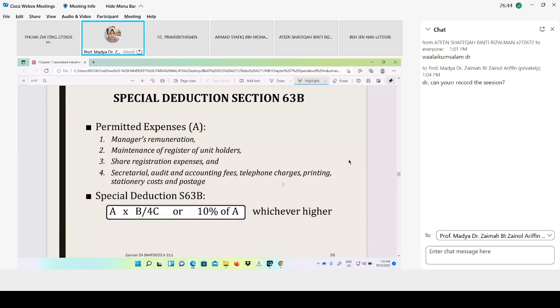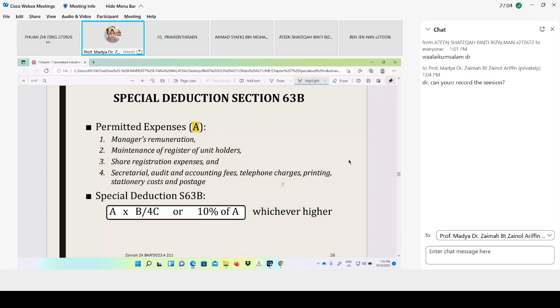Last time for ISC you had a different list of permitted expenses, but in here you only have 4, and only a fraction of the permitted expenses is allowable to deduct.